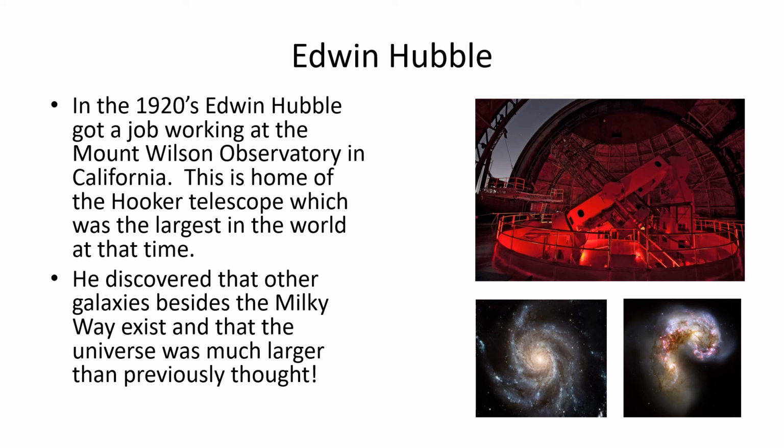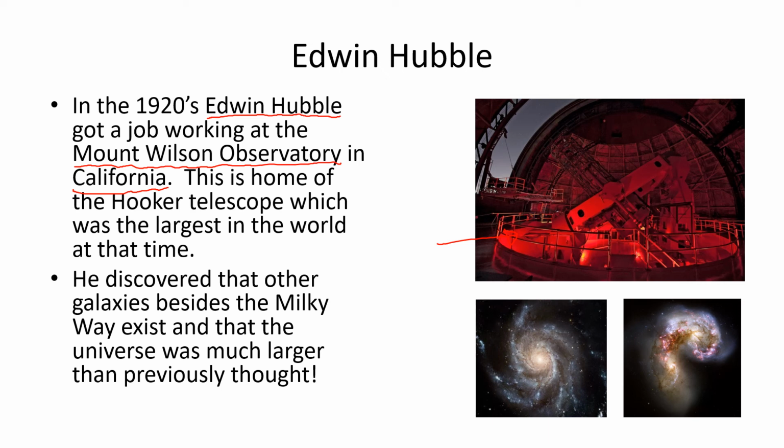So a fellow named Edwin Hubble, about 100 years ago, got a job working at the Mount Wilson Observatory in California, which you can still visit today. This picture came from their website, and this is the Hooker telescope. And back in 1920, it was the biggest telescope that had ever been built. And what Edwin Hubble discovered using this telescope was that there were a lot more galaxies than just ours out in the universe.